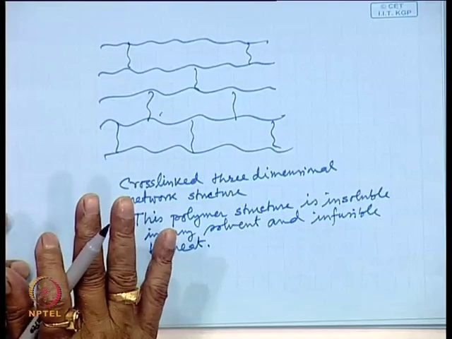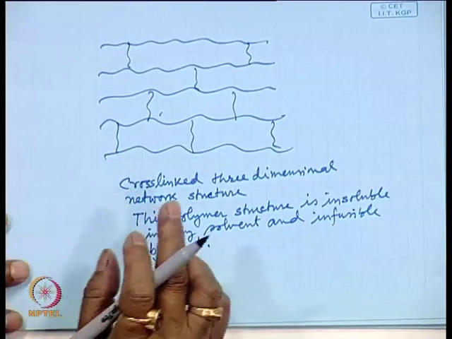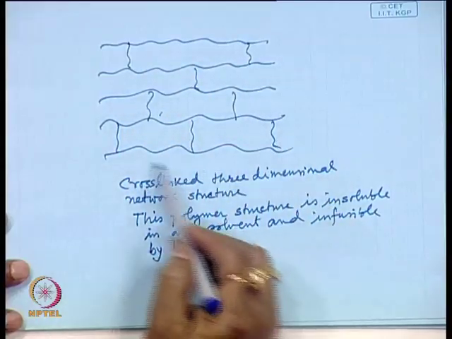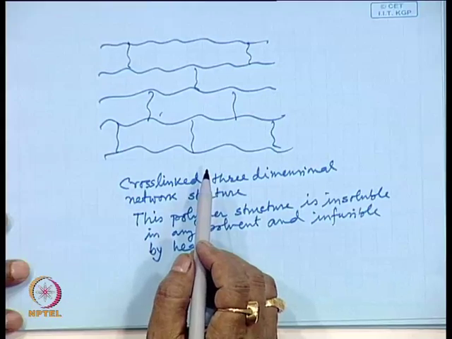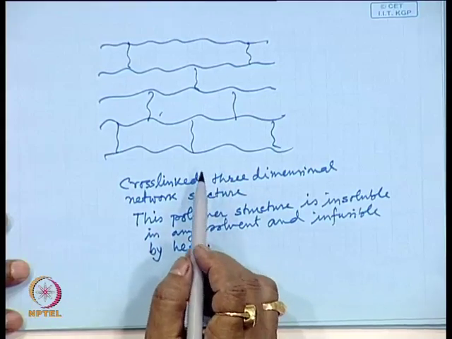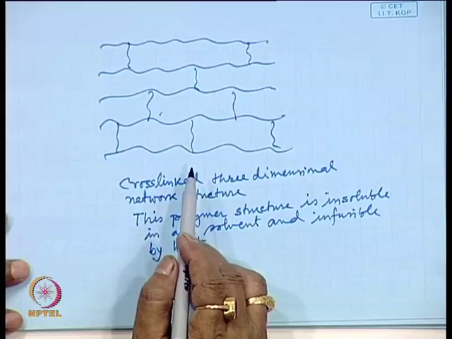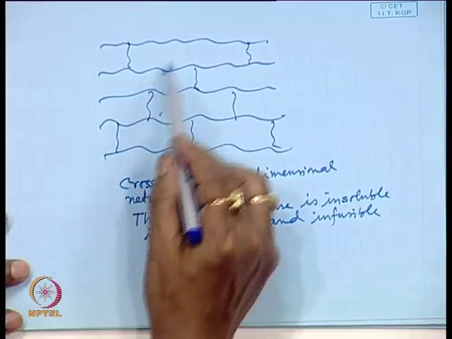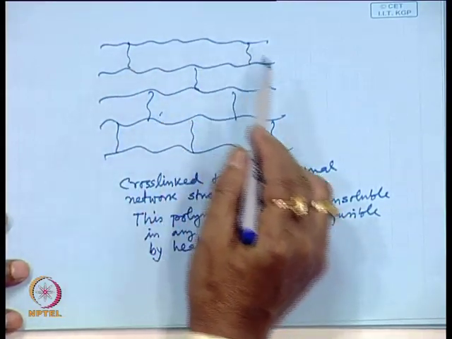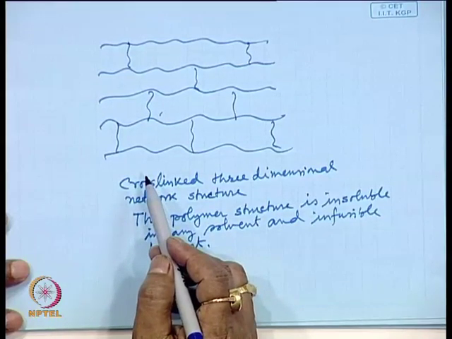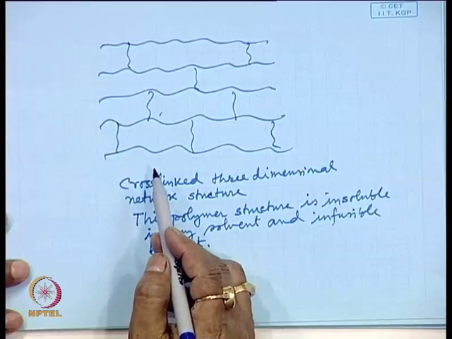Do you understand? So, we must have control over such growth of polymer structure. Once this kind of structure is formed during polymer synthesis, that polymer mass can no longer be used for processing or for leading to a finished product.